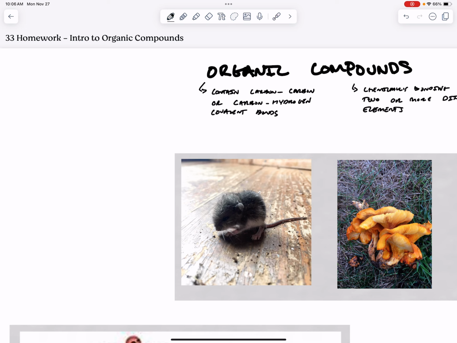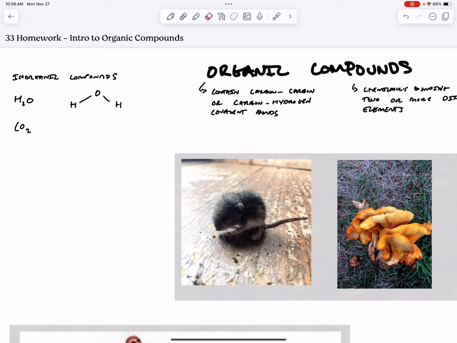So some examples of inorganic compounds include H2O, which looks like this, as you know from today, or CO2. Oh, it's not bent.